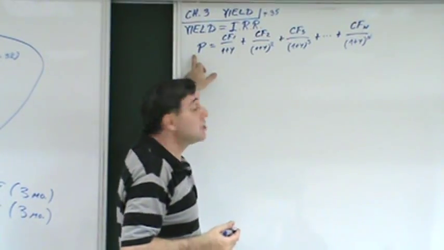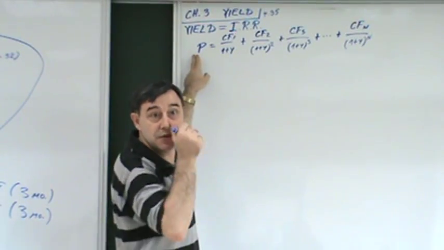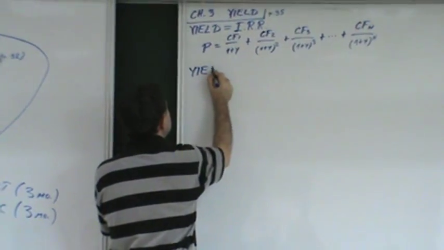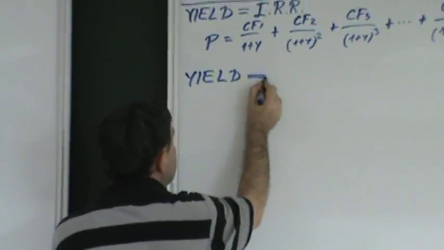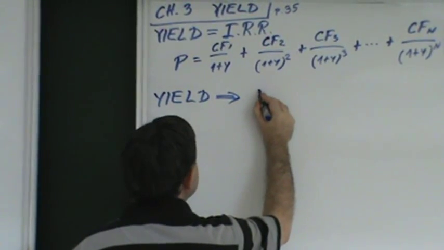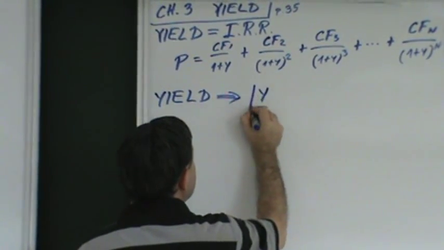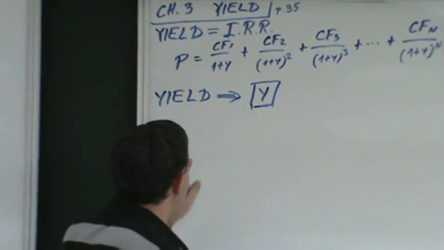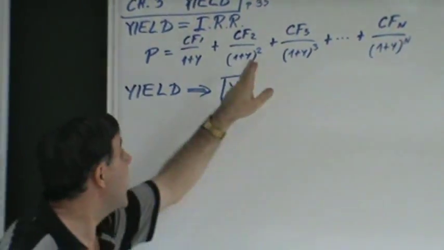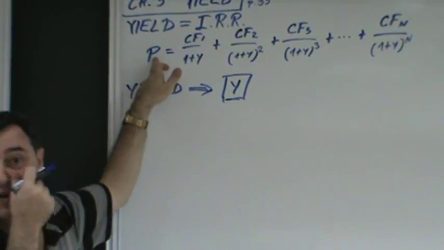And you have a particular price, market price, which you observe. So yield is simply this Y, which when you take the cash flows and Y, equals the price.